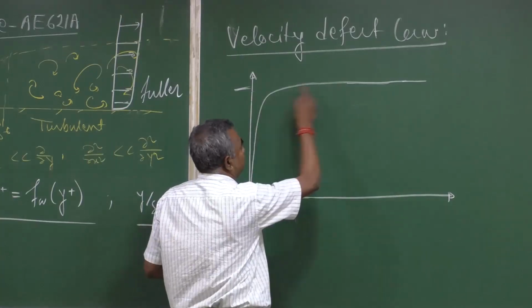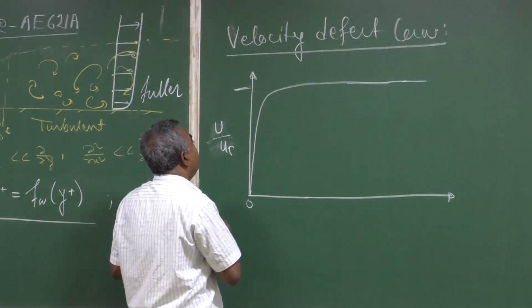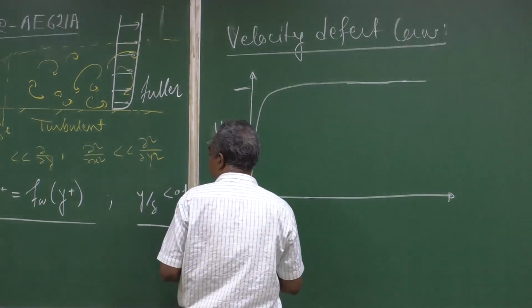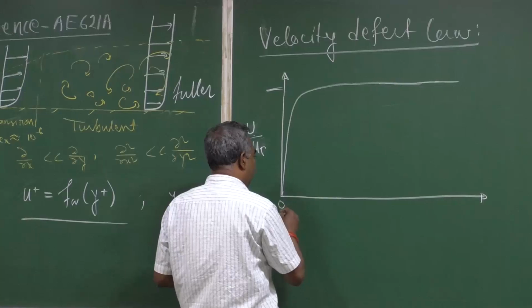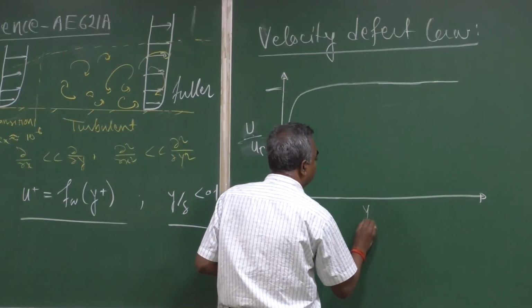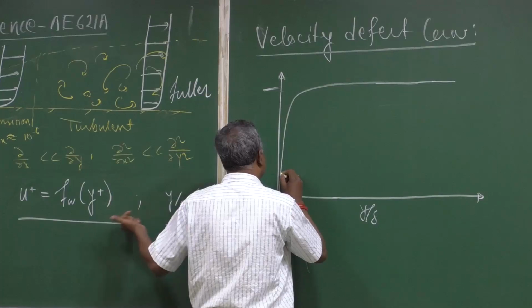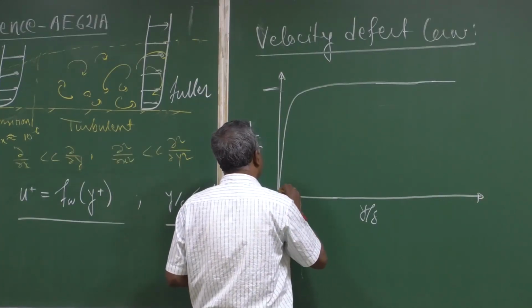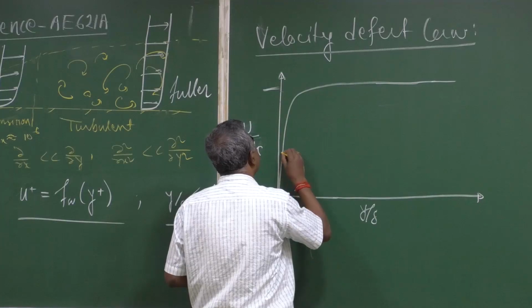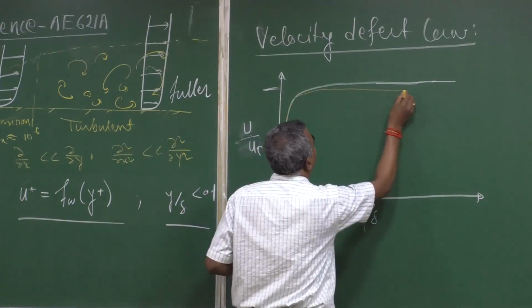If you put your experimental data for this, the profile itself can be considered your measured data, but anyway, if you now consider u plus equal to the Van Driest profile and plot it in this plot, or you just plot the log law itself. So, let me use another color for the log law. So, the log law itself will kind of come like this.